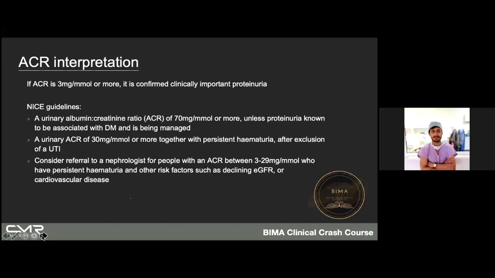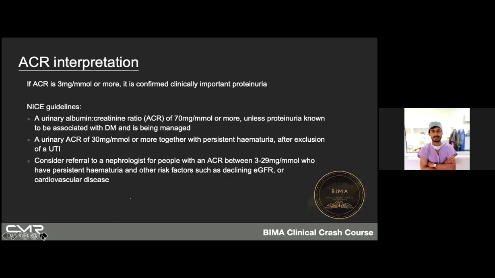Now, NICE guidelines once again say that if the urinary ACR is more than 70, and unless we know that proteinuria is already associated with diabetes and is being managed, you need to refer once again to a nephrologist. And once again, I'm repeating myself here, but anything above 30 with hematuria after exclusion of UTI and renal colic needs to be referred to a nephrologist.